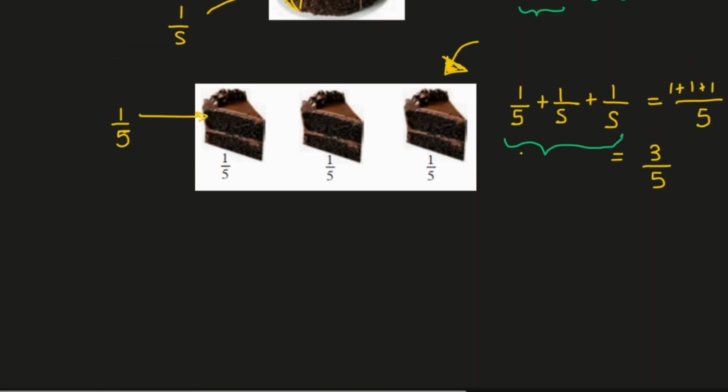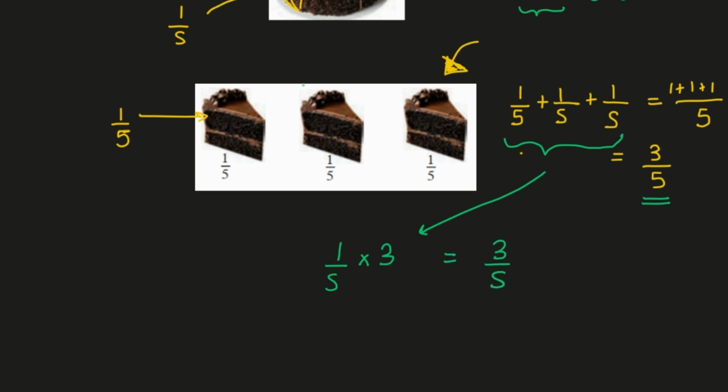So I can write this as 1 upon 5 into 3. Got the point? So what's the answer? 1 plus 1 plus 1, the answer is 3 upon 5. Then 1 upon 5 into 3 should also be 3 upon 5.